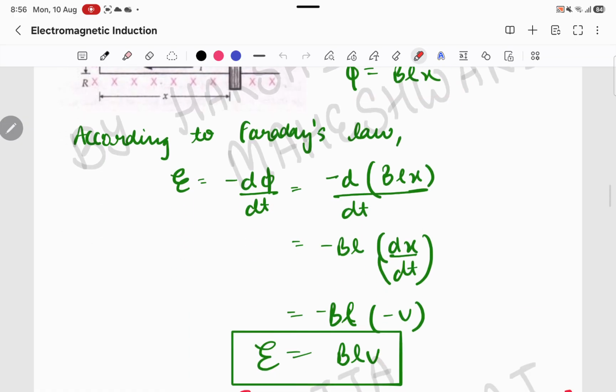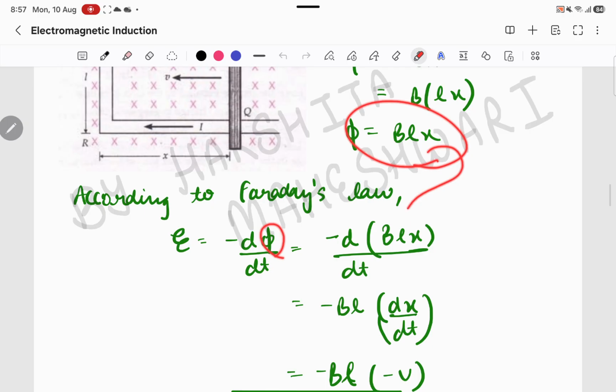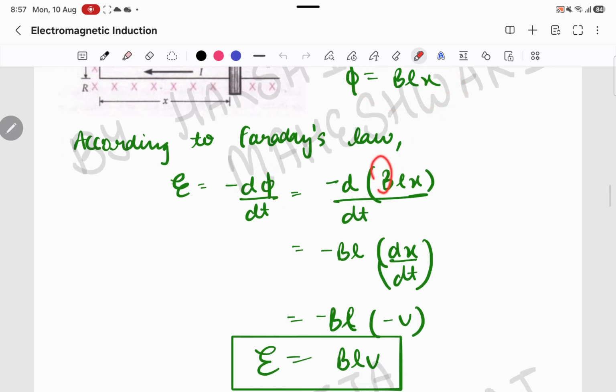Now according to Faraday's second law, we already studied that the magnitude of the induced EMF is always equal to the rate of change of flux. Rate means it is divided by time. So we can also say that the induced EMF is equal to the rate of change of magnetic flux, or change of magnetic flux with respect to time. Now this flux value we can put from the first equation here, and we know the magnetic field and the length of the conductor are constant.